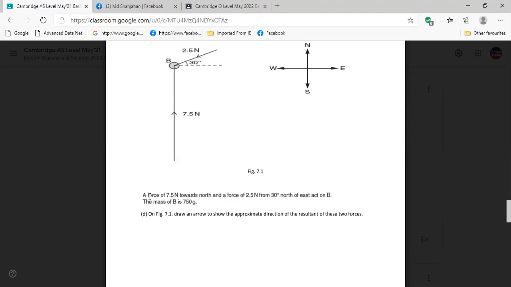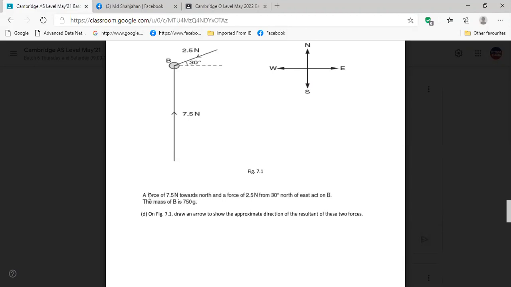But now what are they saying to us in D? Can you read, please? On figure 7.1, draw an arrow to show the approximate direction of the resultant of these two forces.